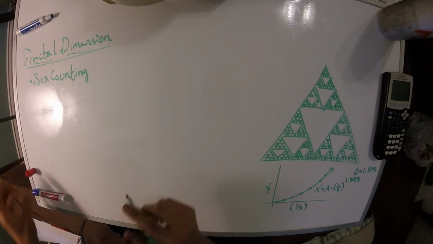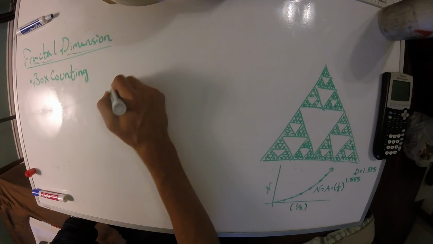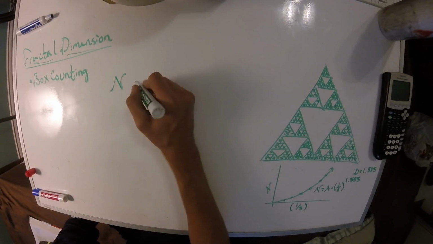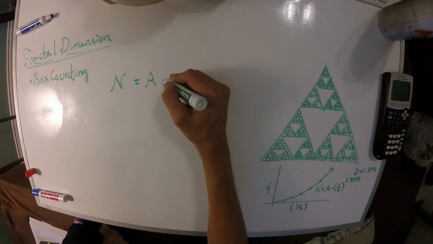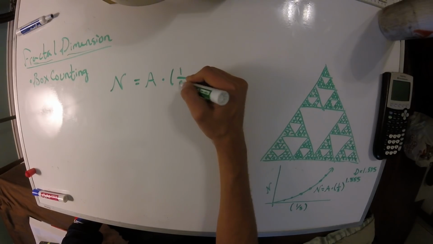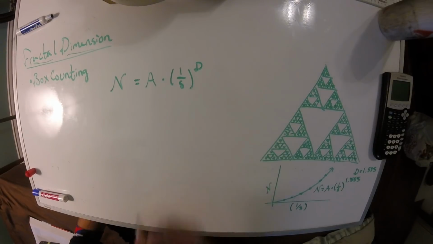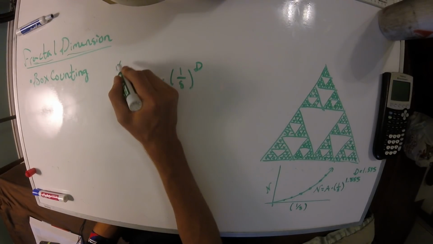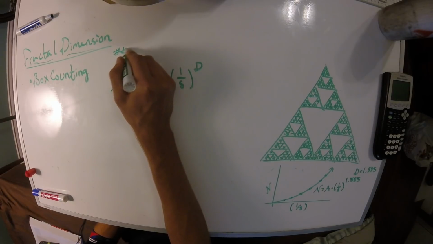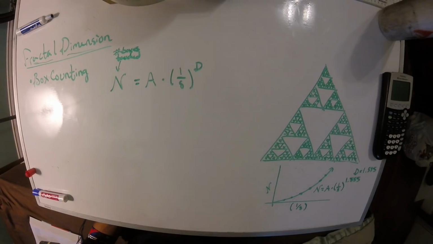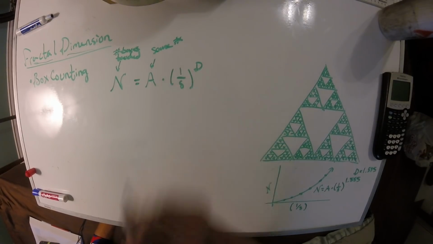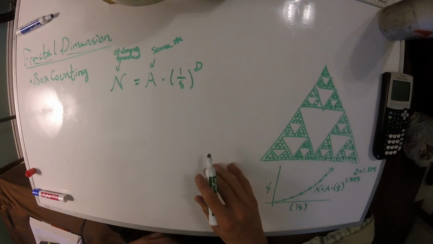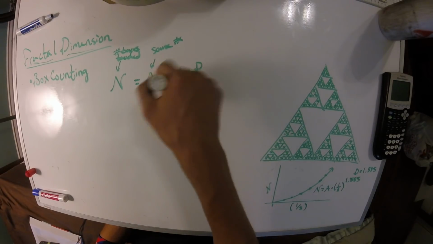Okay, so we have the following equation. We have n, the number of boxes touched by the shape, is equal to some number times 1 over s to the dimension. So this is the number of boxes touched, a is some number that depends on the shape in question, but it doesn't change the dimension.